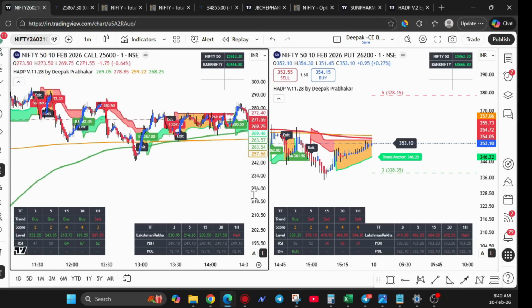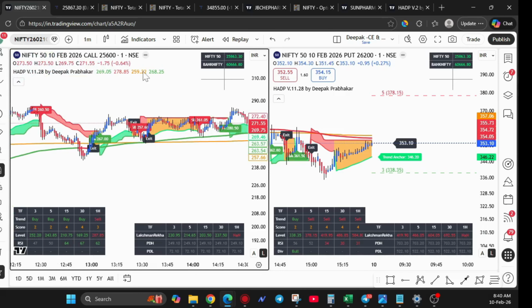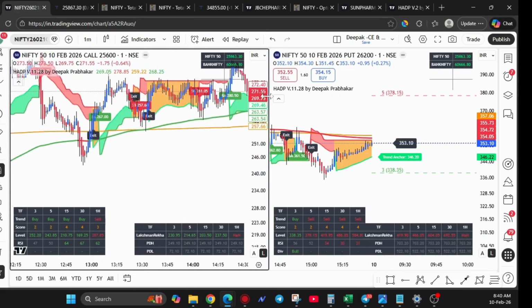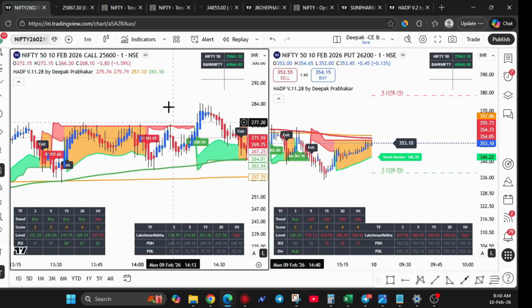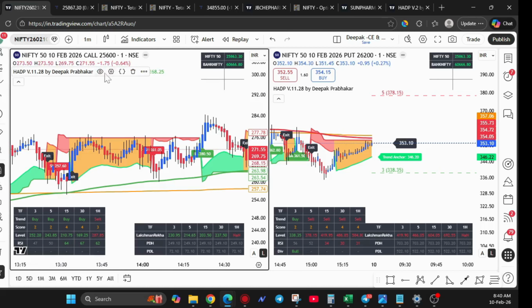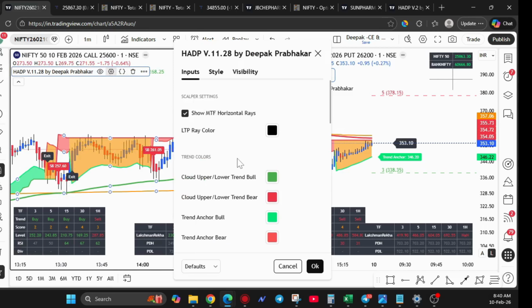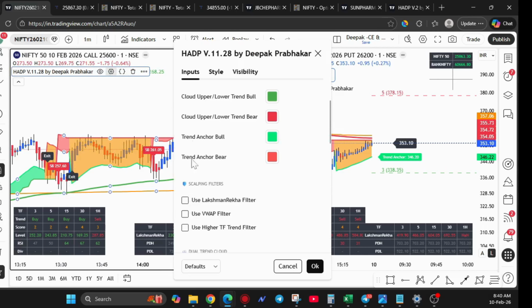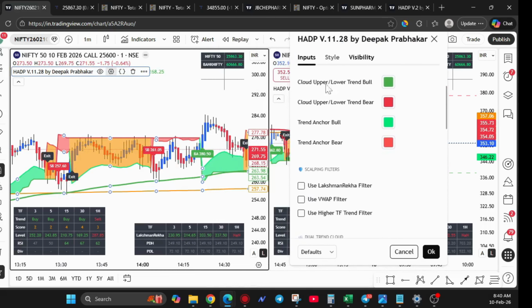Now what is the importance of Lakshman Rekha? If it is switched on, all the buy signals and sell signals below and above the Lakshman Rekha will get turned off. For example, if I use Lakshman Rekha here, you see the sell here, no? This is above the Lakshman Rekha, right? Now if I turn it on, that sell signal is gone. So sell signals above the Lakshman Rekha will vanish.